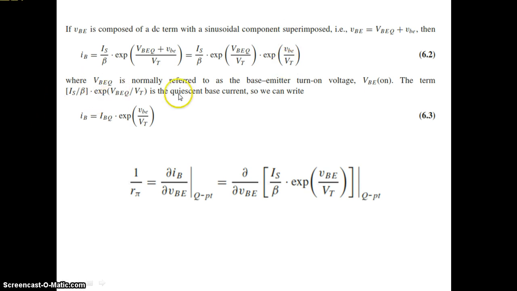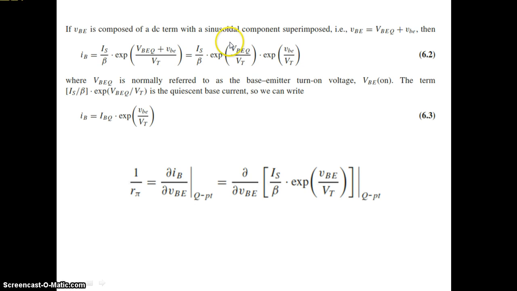VBEQ is normally referred to as the base emitter turn-on voltage, VBE on, which is normally 0.7 volt. The term IS by beta exponential VBEQ by VT is the quiescent base current.